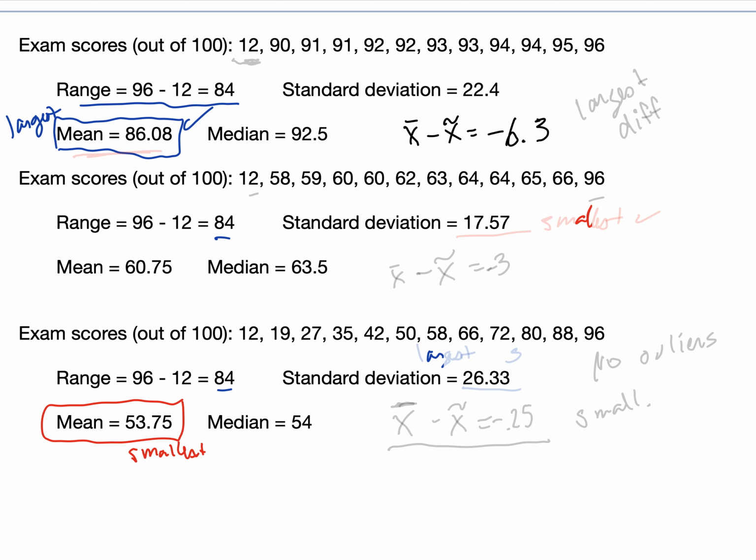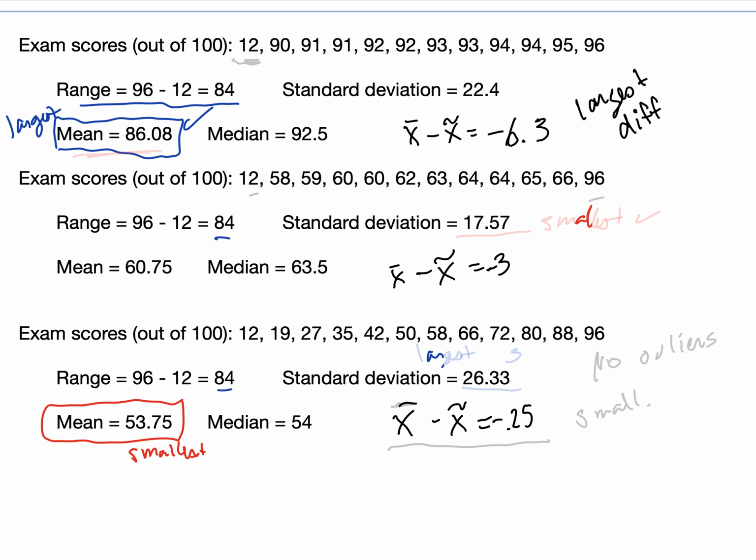If we look at the difference here, we have the mean minus the median being approximately about negative 3. And here, if we look at the mean and the median, we see that the mean minus the median is about negative 0.25. So yes, this is the largest difference between the mean and the median.